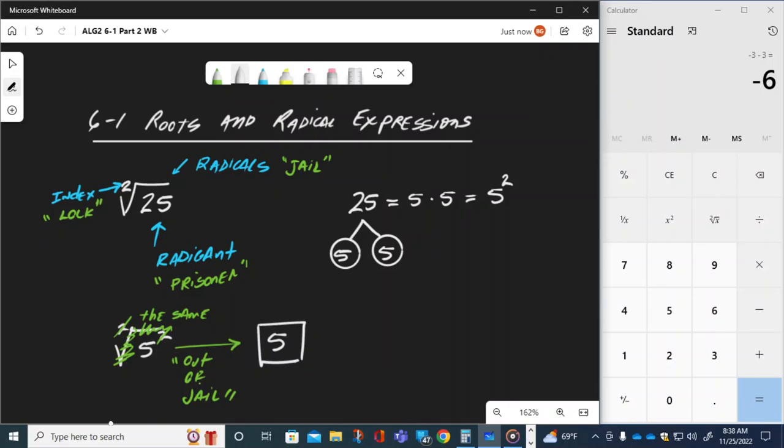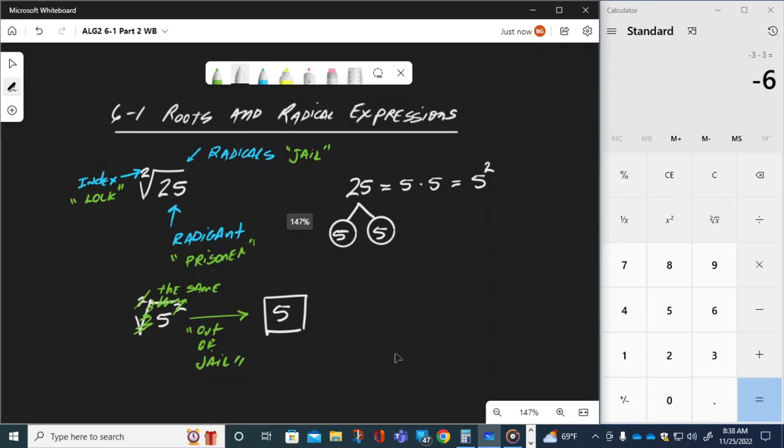And that was the basic concept that we learned before we started talking about roots and radical expressions. Now, today we're going to complicate the topic just a little bit, because we're now going to incorporate variables.